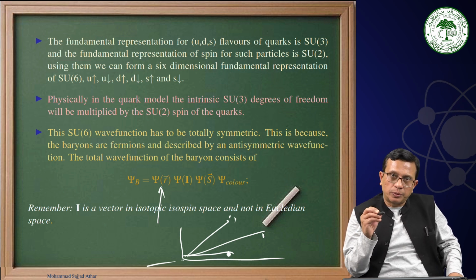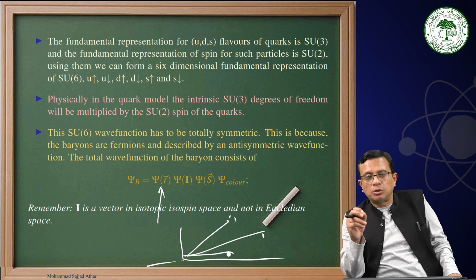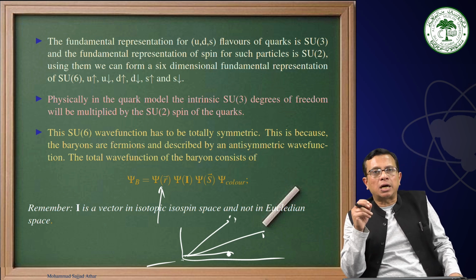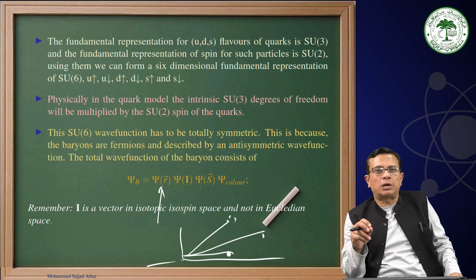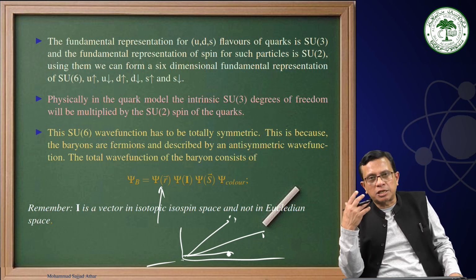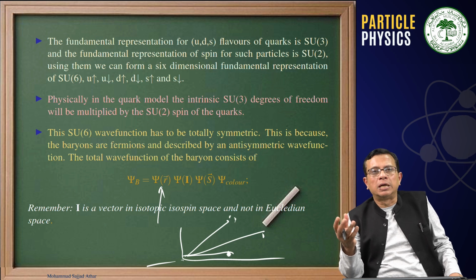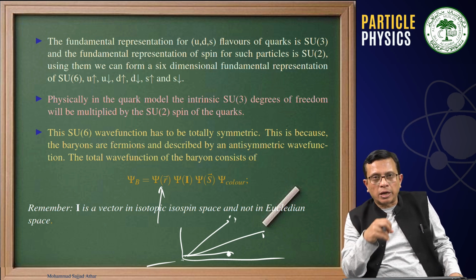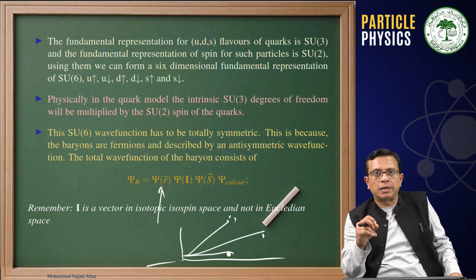Now, if you recall, we had introduced last time color as an intrinsic quantum number of the quarks, and this was first to save Pauli's exclusion principle, and then experimentally it was also found that to explain some of the results, we need quarks to have internal degrees of freedom, which we call by the names red, blue and green.